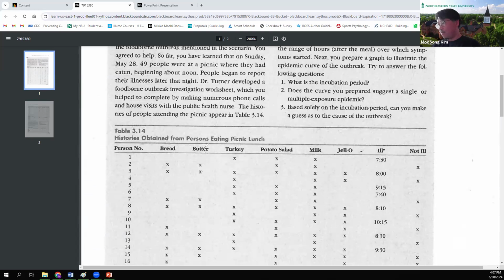So bread, butter, turkey, potato salad, milk, and yellow, right? We need to calculate each food item's attack rate, so six different food items.